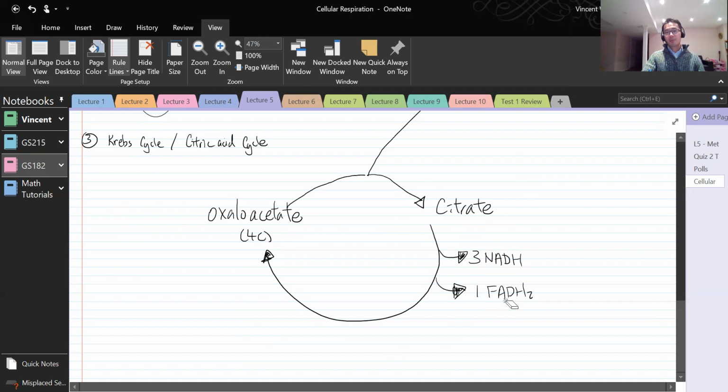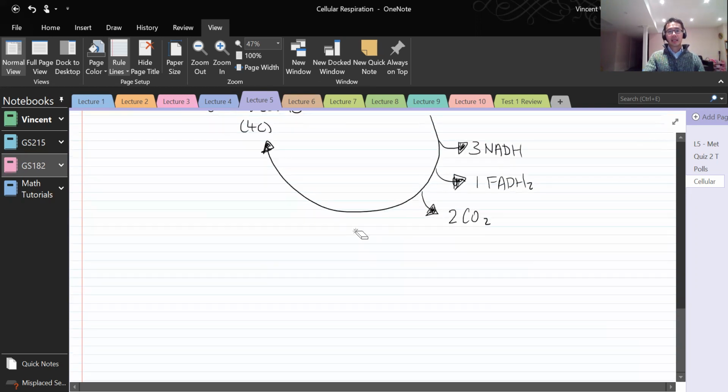Remember, both of these are energy carriers. It's just that NADH carries more energy than FADH2. More on that later. You will also produce 2 carbon dioxide, sorry, my bad, 2 carbon dioxide rather than 4, and then you will also produce 1 ATP.